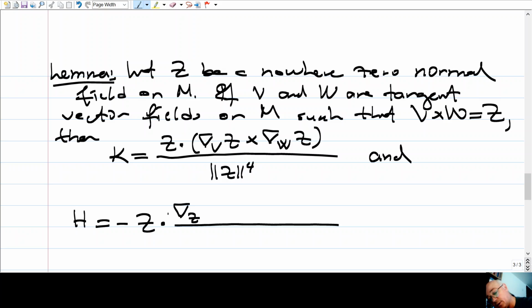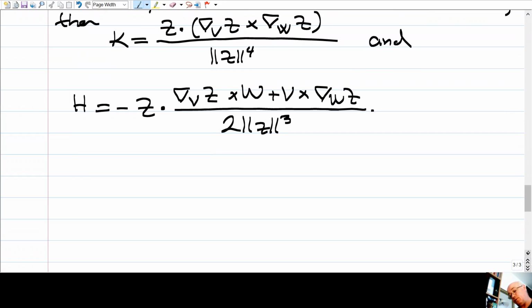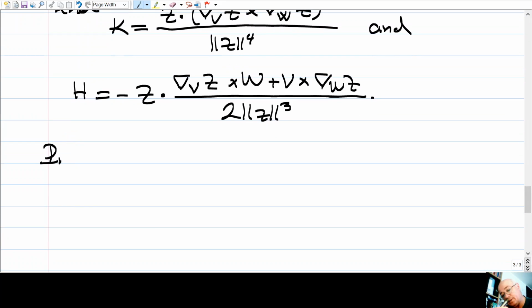The scalar curvature is minus Z dot product with the covariant derivative of Z with respect to V cross product with omega plus W, sorry, and then we have the dual term, and here we have the third power. Okay, let's see why this is true.